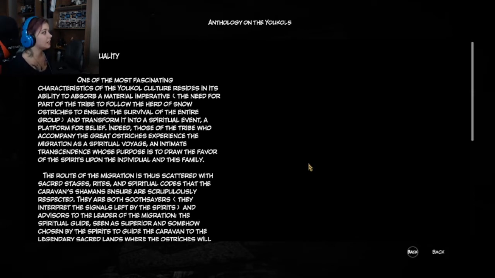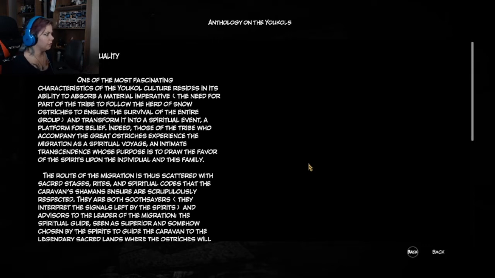One of the most fascinating characteristics of the Yukol culture resides in its ability to absorb a material imperative, the need for part of the tribe to follow the herd of snow ostriches to ensure the survival of the entire group, and transform it into a spiritual event, a platform for belief.